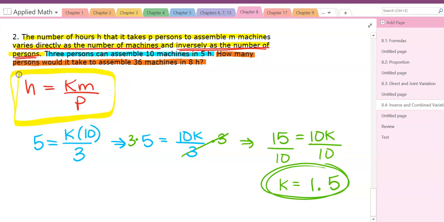But now let's plug in the information from the problem I have highlighted in orange. How many persons? So which letter am I going to be solving for if they're asking how many persons? H, K, M, or P? P. So 36 machines. 36 goes in for what letter?